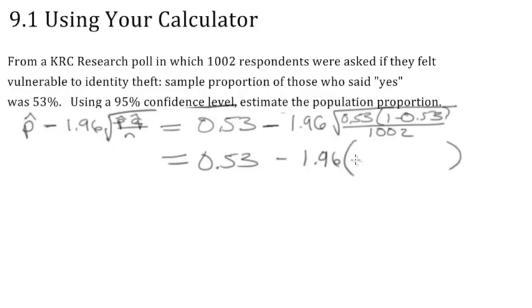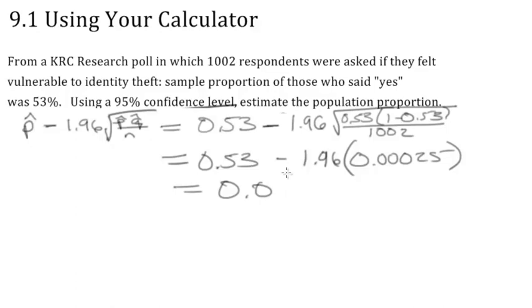I want you to get the same thing I got, which is 0.000, what was it? 25. That's rounded to 2 significant decimal places.